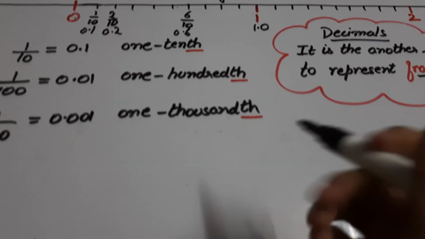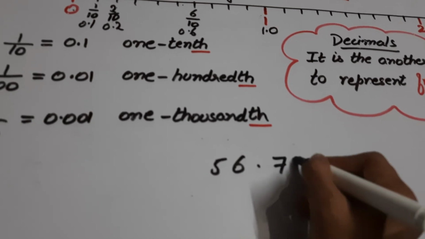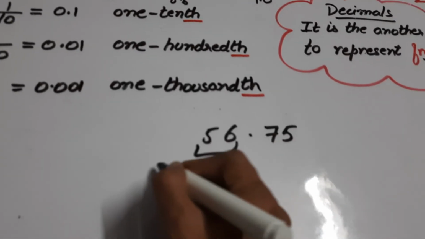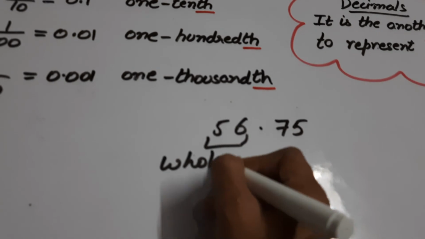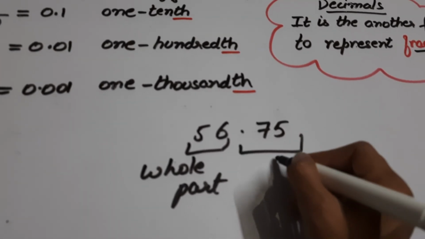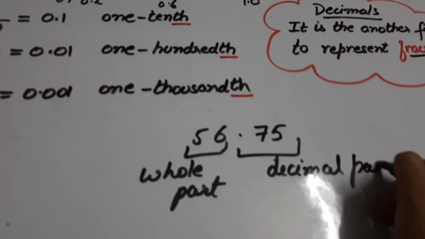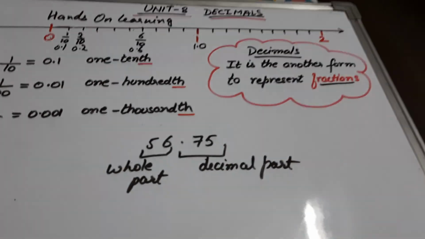Also take an example, and in that example mention that this is the whole part and this is the decimal part, right? So do write all these things in your notebook.